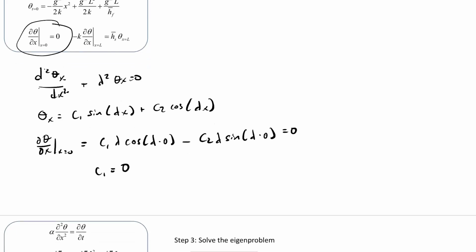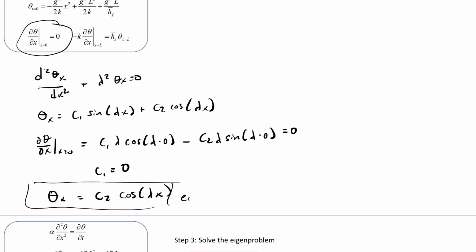So then we're left with Θx equal to C2 cosine of λx, and this is our eigenfunction.